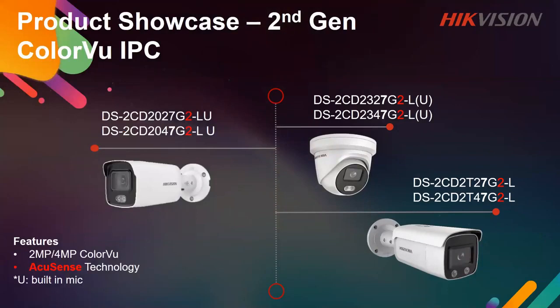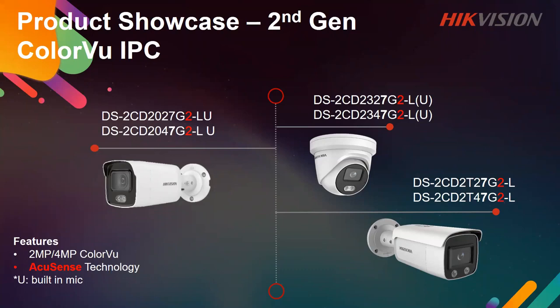Taking that into account, we've introduced AcuSense technology within the ColorVu camera itself. AcuSense, as we heard earlier in the first presentation, is an algorithm within a GPU specifically designed to recognize a human being or a vehicle and push that to whatever platform is required, and not push false alarms.